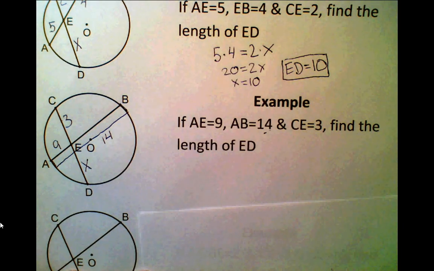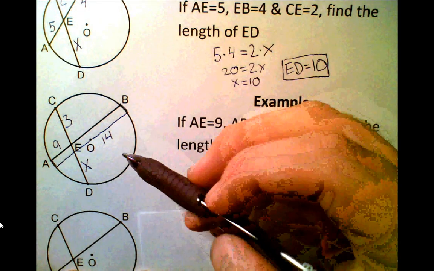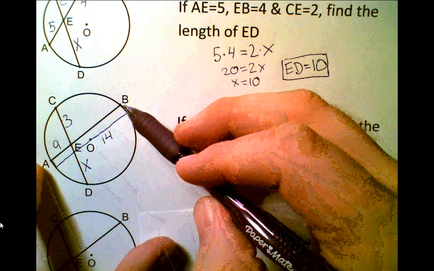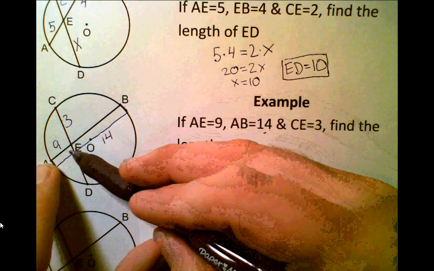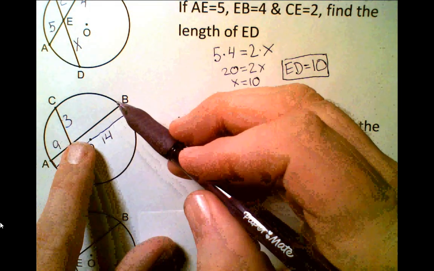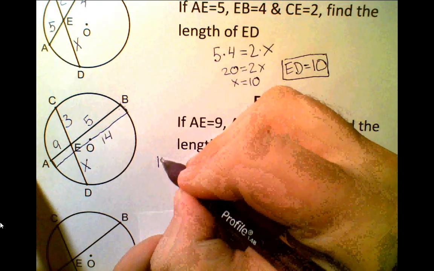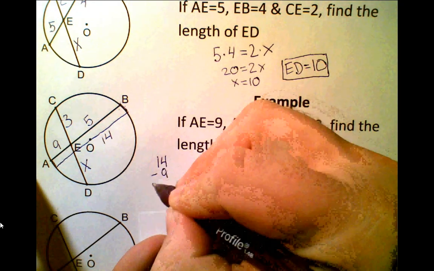Now, in this case, you first need to figure out what EB is. If the whole thing is 14 and this part is 9, then this part must be 5. The way we figure that is 14 minus 9 gives us 5.